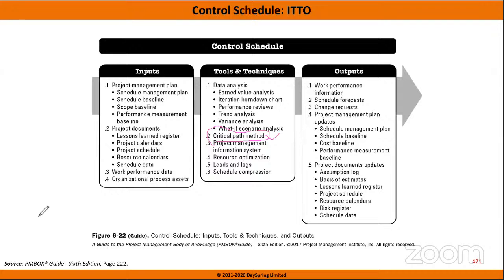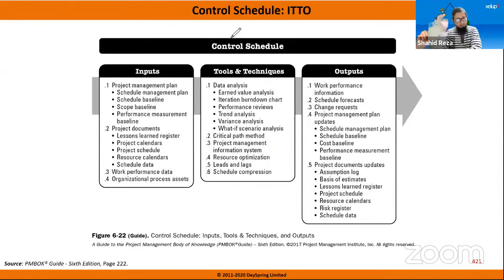Is that called a near critical path? No. A near critical path is this: say your critical path is 30 days. There are 3 paths in the network diagram. One is 30 days in duration. Another path is 20 days. And another path, for example, is just 29 days.